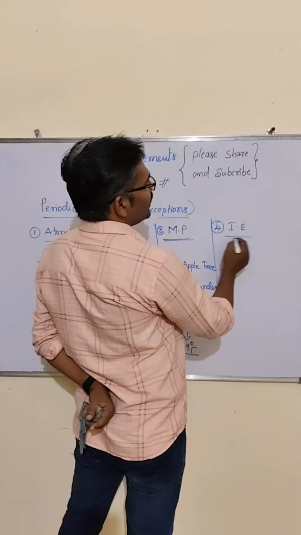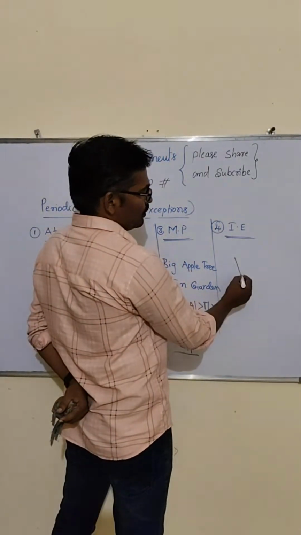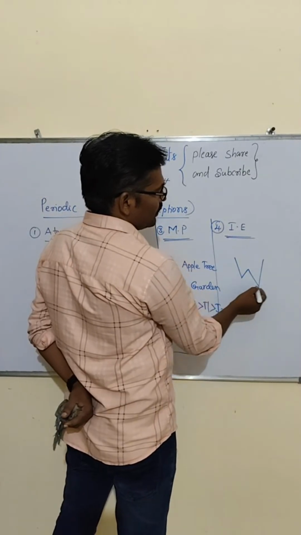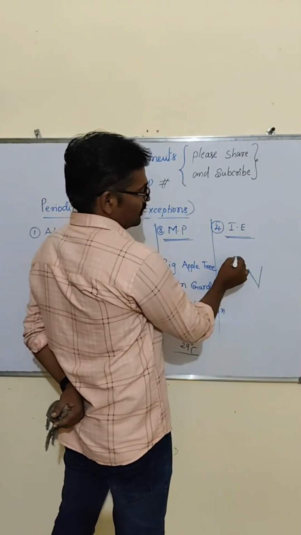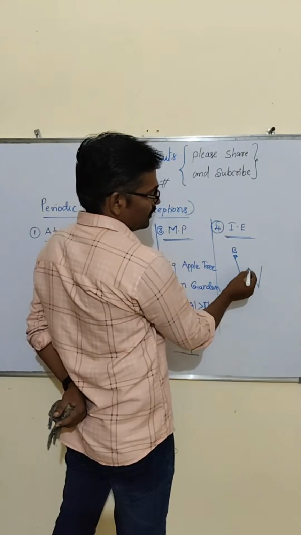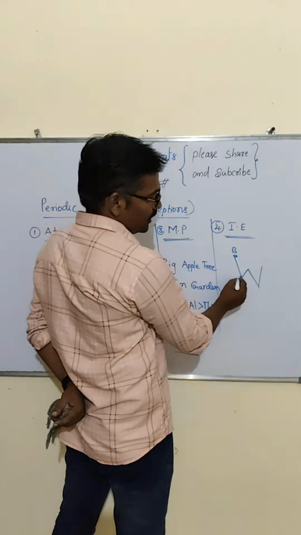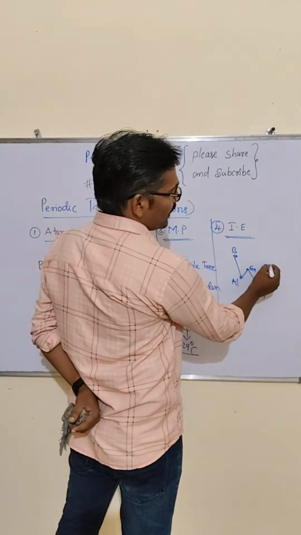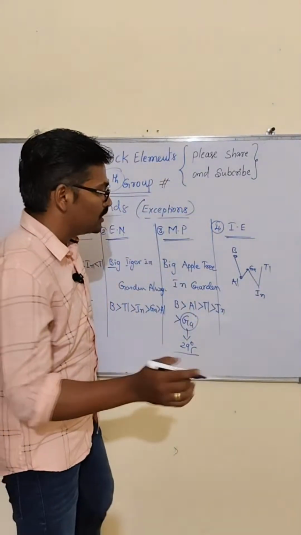Then if you come to the ionization energy, you have to remember the graph like this. First boron, then aluminium, gallium, indium, thallium. So how to note the order?